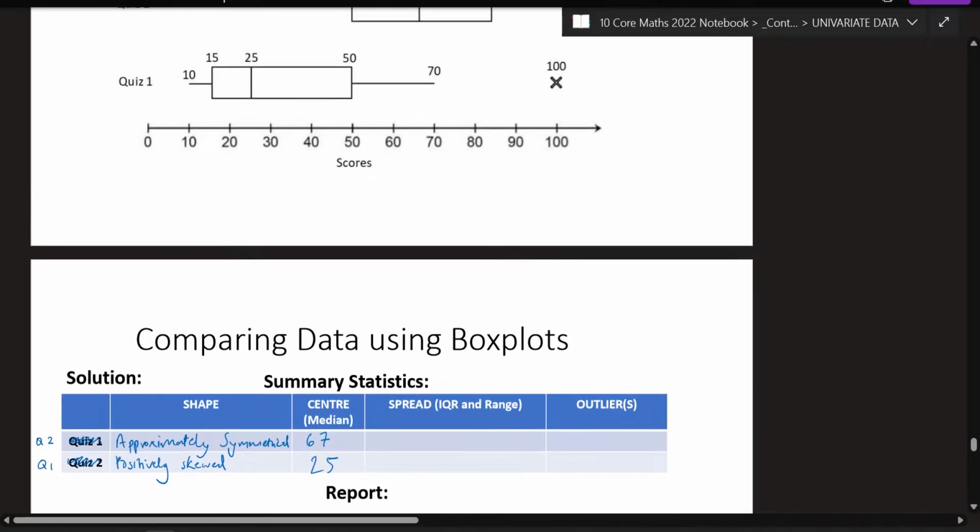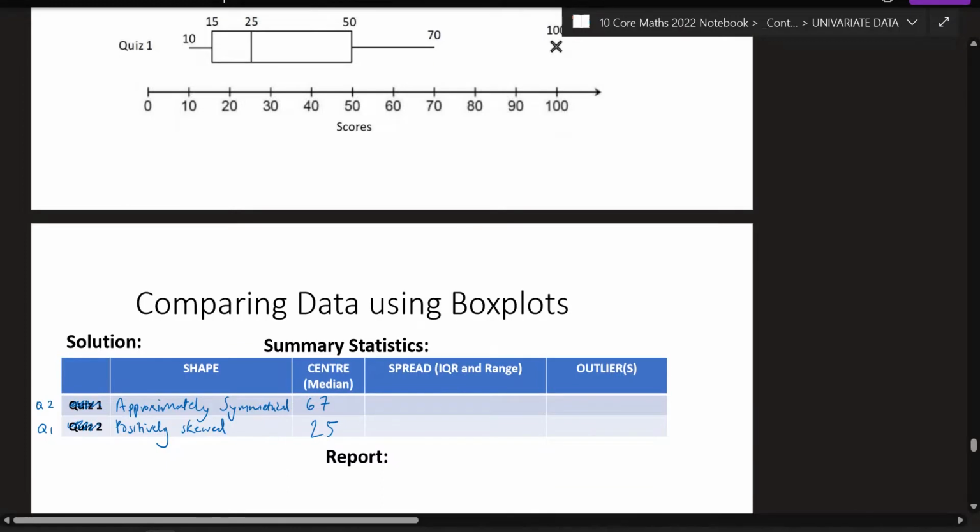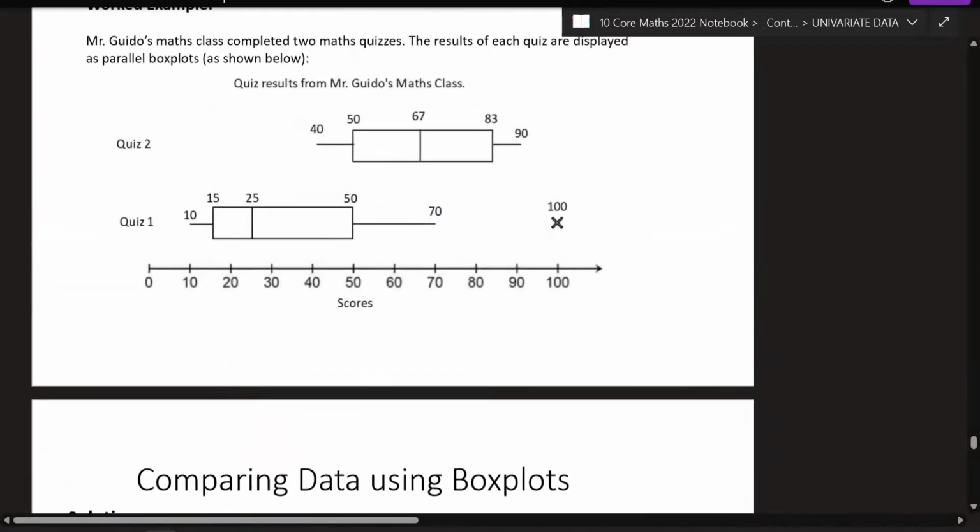Okay. Spread or the IQR and the range. So remember, range is maximum minus minimum. IQR is Q3 minus Q1. So let's look at Q2.